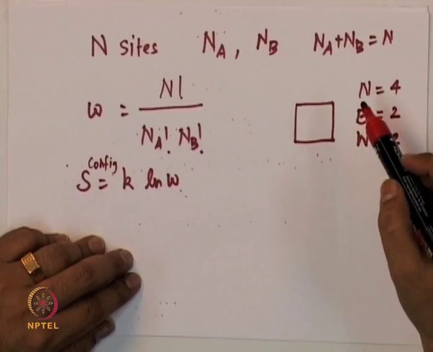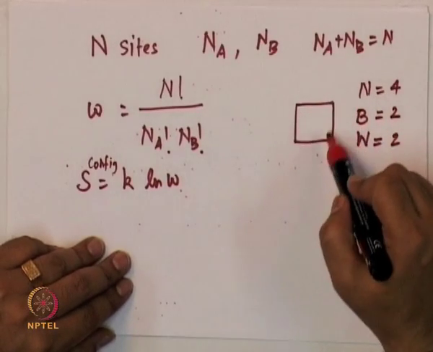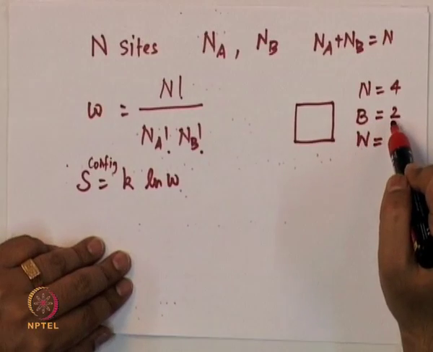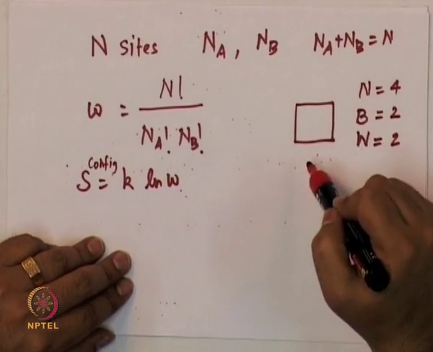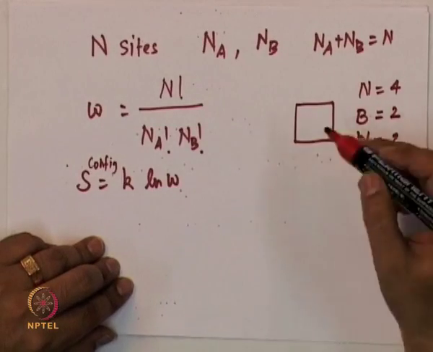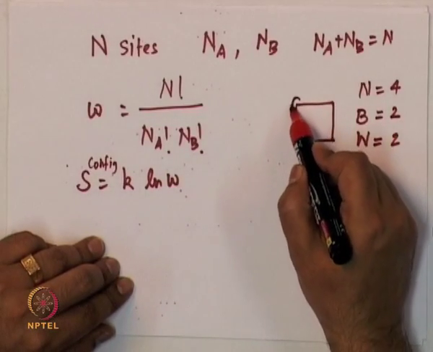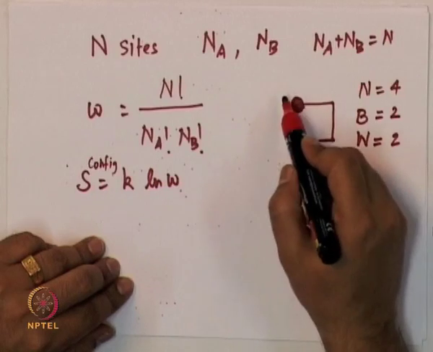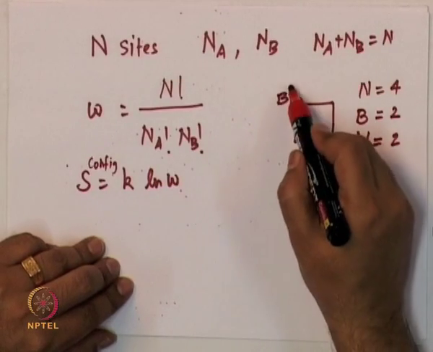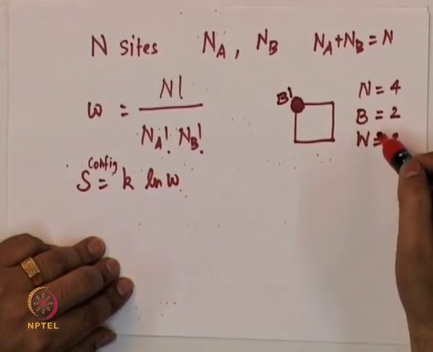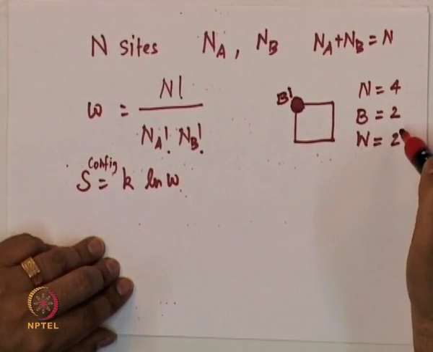Now, you can think of the total number of ways in which you can distribute 2 black balls and 2 white balls on 4 sites, and they can be calculated as follows. Suppose I put the first black ball here, B1, then I will be left with one more black ball and 2 white balls.